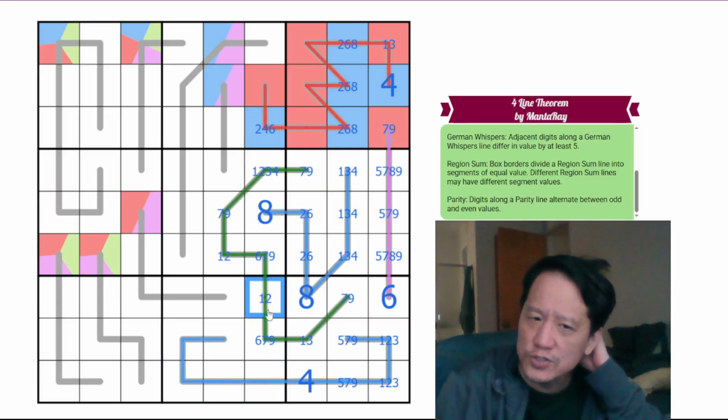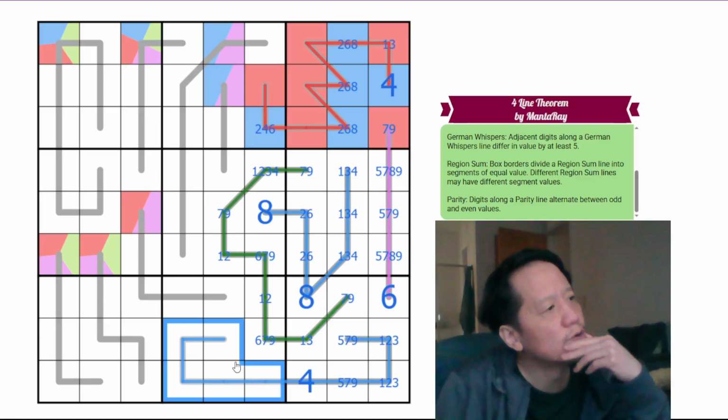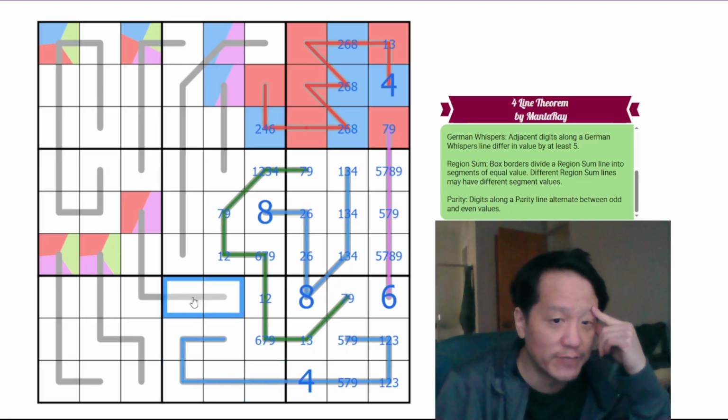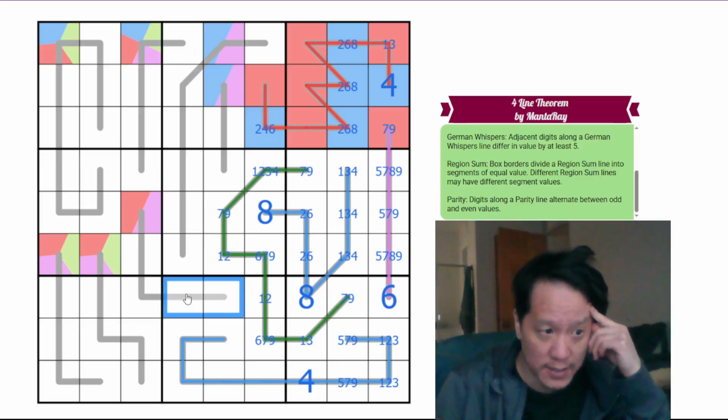This is 2 and 9 at most. So it's 11. 11 plus 23 is 34. 45 minus 34 is 11. So this has to be 11, but that's with this being 2, 9.